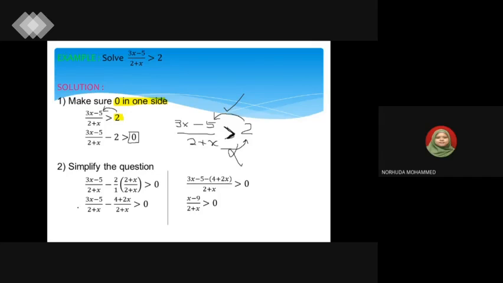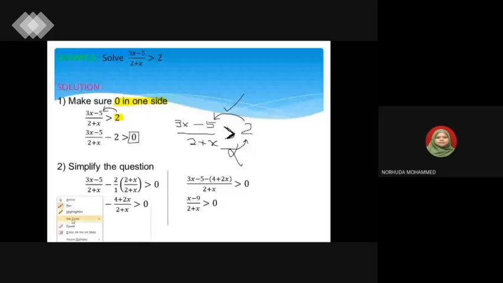Step number 2, simplify. Okay, this is in fractions.